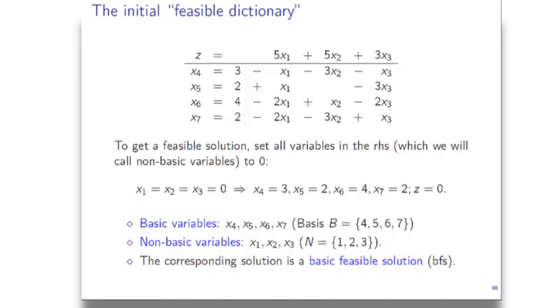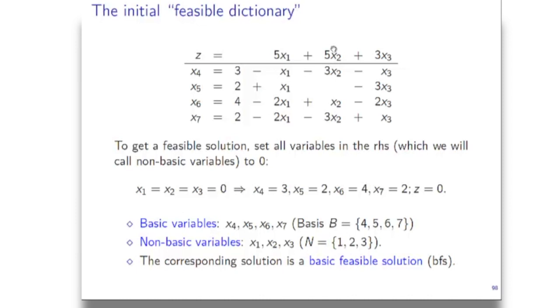So therefore, we can make this increase. Let's see if we can also increase the objective value by increasing the value of x2 instead of x1. Okay, so now we assume that x1 and x3 are kept at 0, and for x2, say I want to increase x2 from 0 to 1.